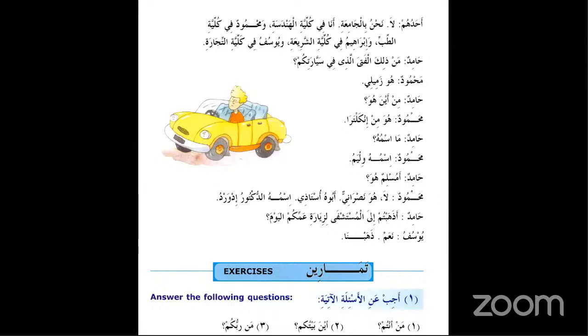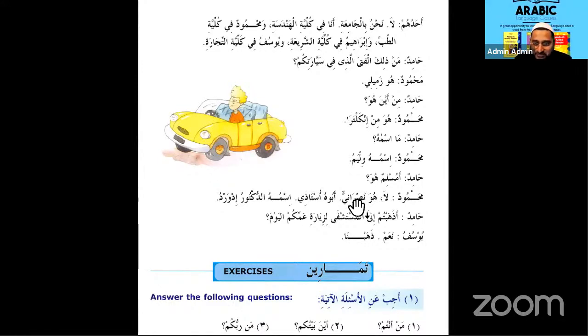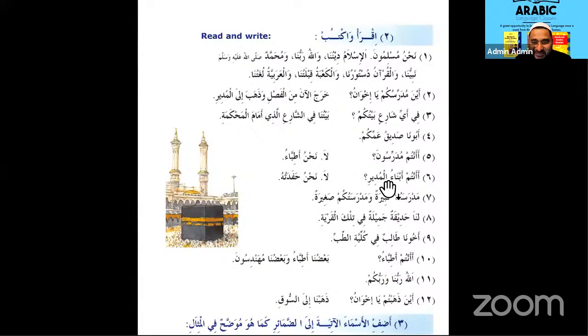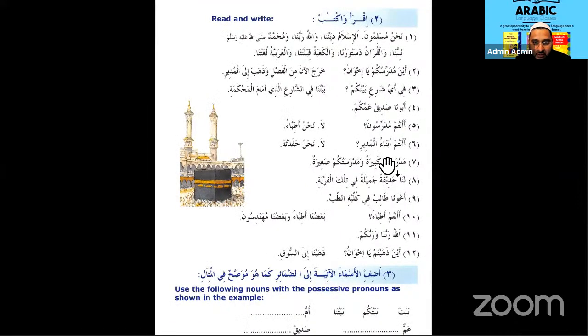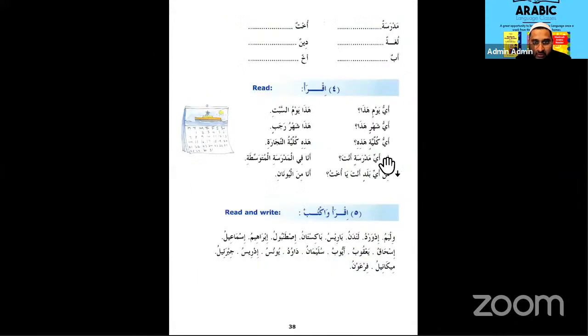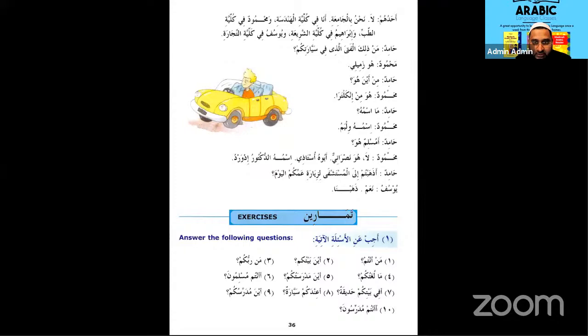Sister Huma Zaidi. Yes, Sheikh. Okay, we need to choose something difficult for you. Let's see what we can choose for you. Okay, I'm going to go on to the next page. Page number 36. Let's go.